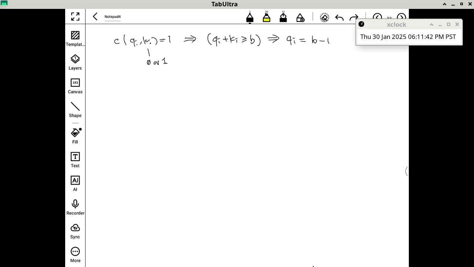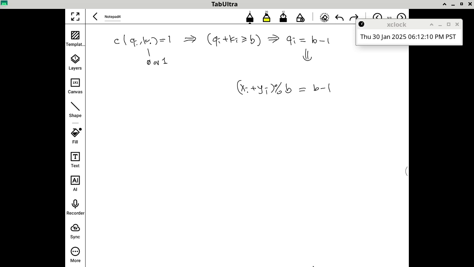If we know q of I is b minus 1, then we also know, another implication, that xi plus yi, the whole thing mod b, is b minus 1, because that is how q of I is defined. Q of I is xi plus yi, the whole thing mod b.